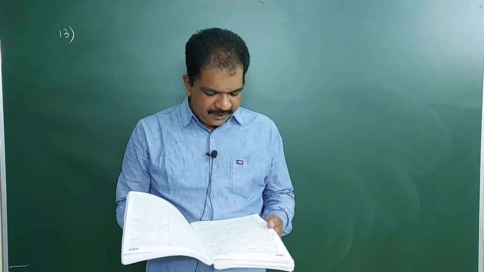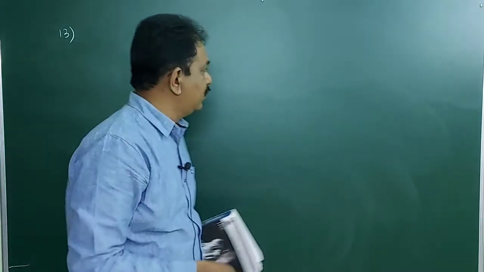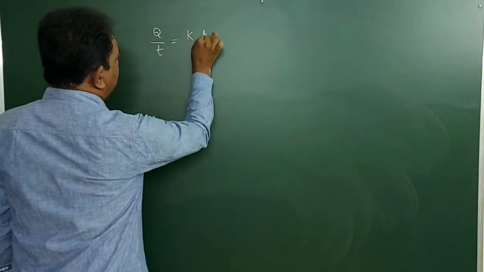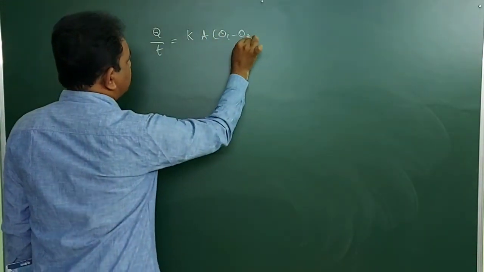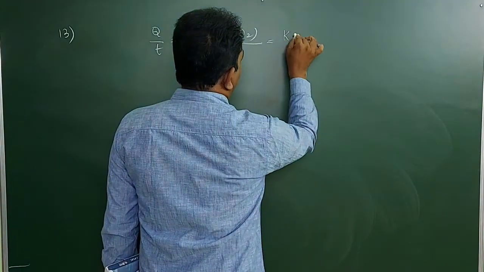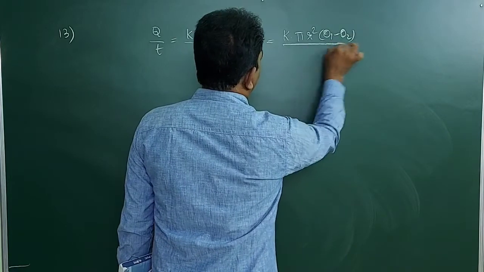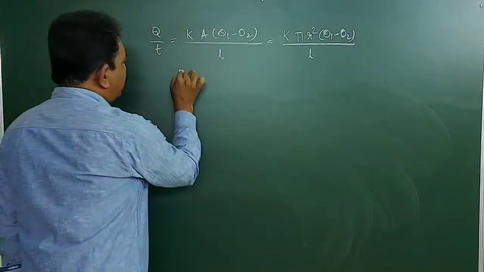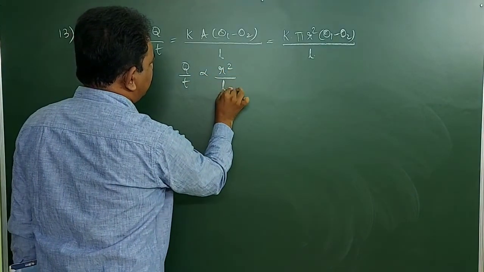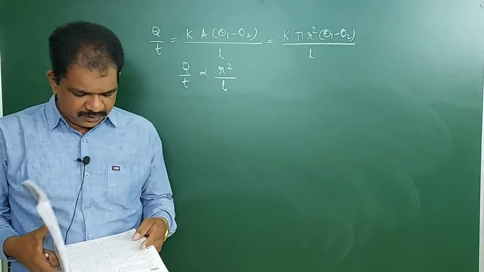Four rods with different dimensions are given. Which rod will conduct more amount of heat? Q by t is equal to KA(theta 1 minus theta 2) by L. So K into pi r square, (theta 1 minus theta 2) by L. So Q by t is proportional to r square by L. Substitute and check all the options.